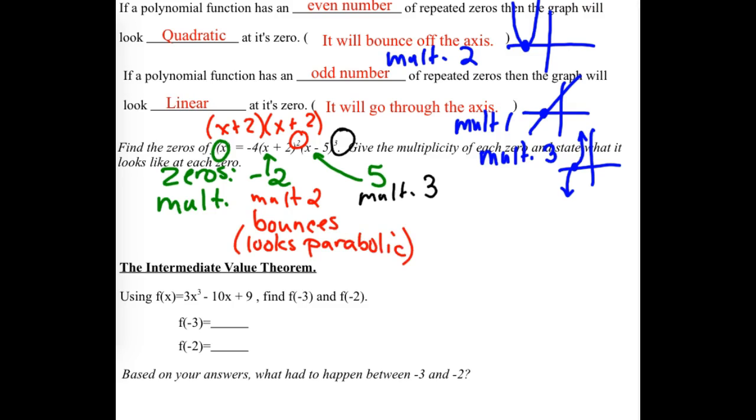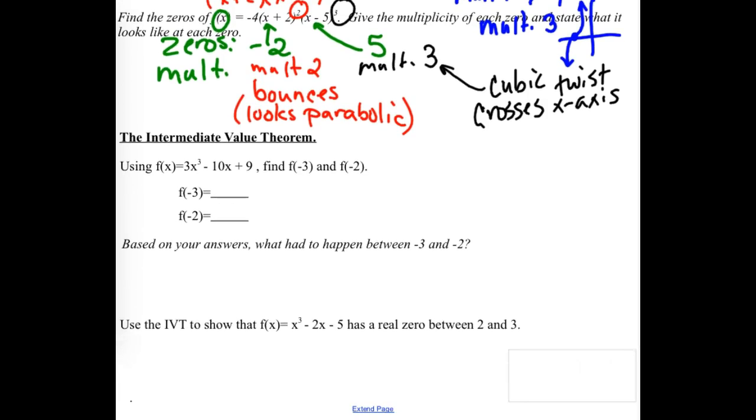So I would say it bounces on the x-axis there, or it looks kind of parabolic. If it is multiplicity 3, it is going to look like a cubic twist. It will cross the x-axis. And we will be doing more with that again as we go through the chapter.